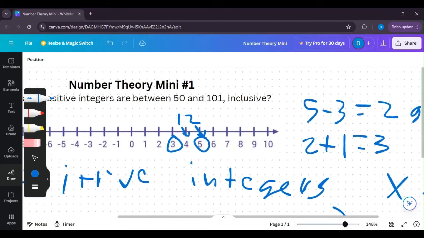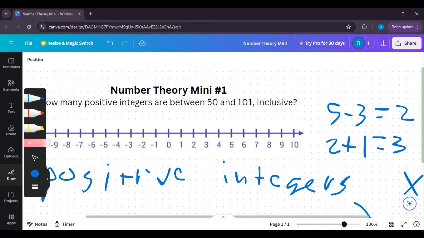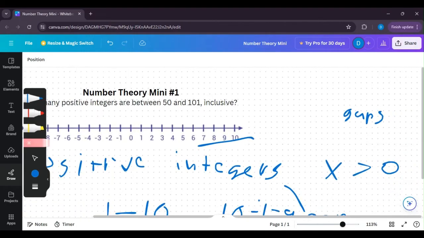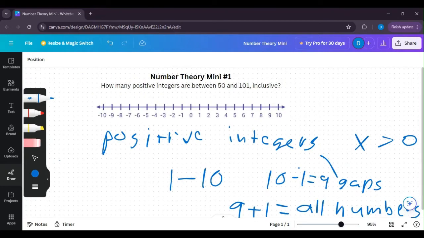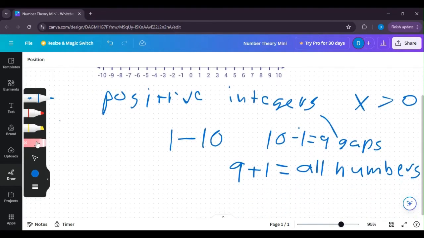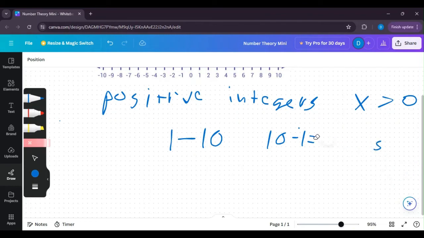And there are 3 numbers. So we know that this works. We subtract the first number from the last number, and then we add 1, because there's one more number than the number of gaps. The gaps will be useful later on when counting arithmetic sequences, but right now we don't need to do any more on that.